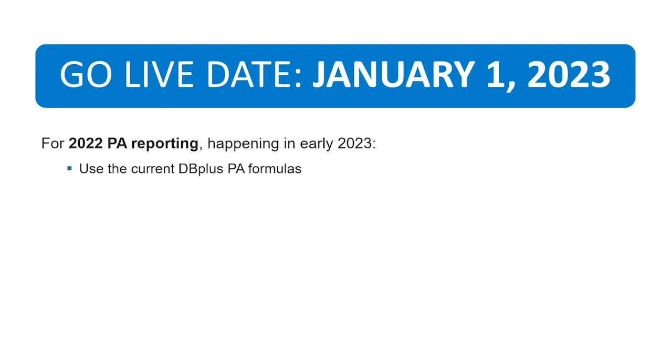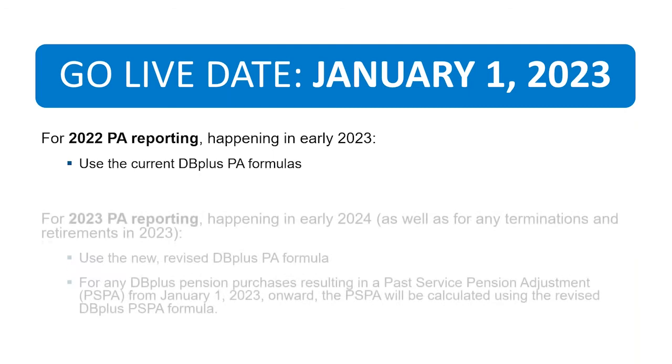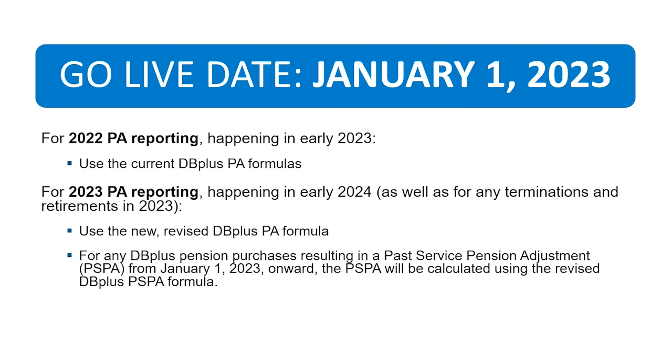So what does this mean for employers? This means that for 2022 PA reporting happening in early 2023, employers will use the current DB Plus PA formula. However, for 2023 PA reporting happening in early 2024, as well as for any terminations and retirements that happen over the course of 2023 and beyond, the new formula will be used.